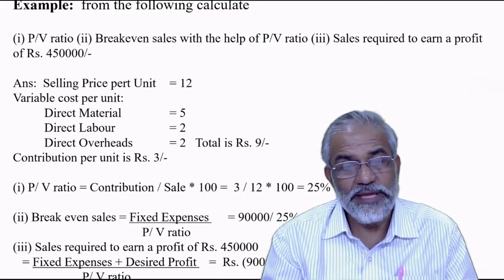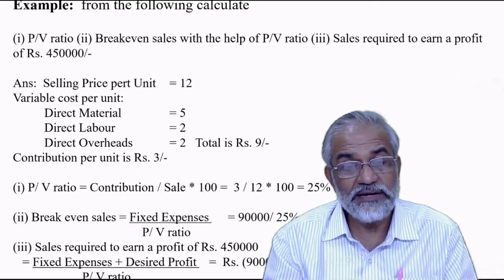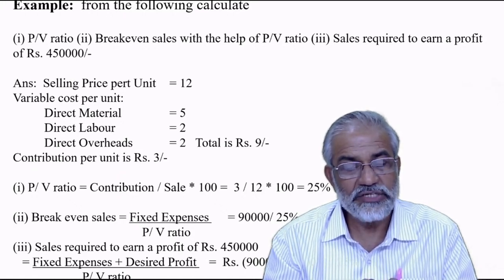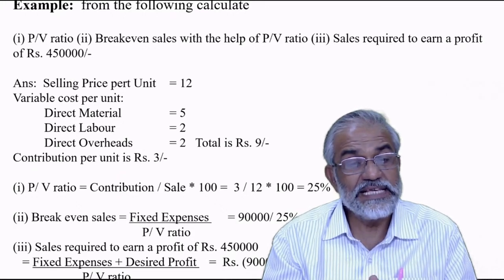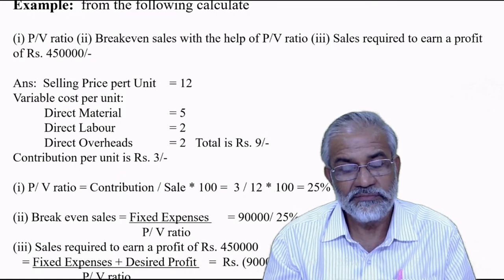So the PV ratio, the contribution to sales ratio, would be contribution divided by sales into 100. Contribution is 3 and selling price is 12. So 3 divided by 12 into 100, that is 25%. So the PV ratio is 25%. And the break-even sales would be the fixed expenses divided by PV ratio.